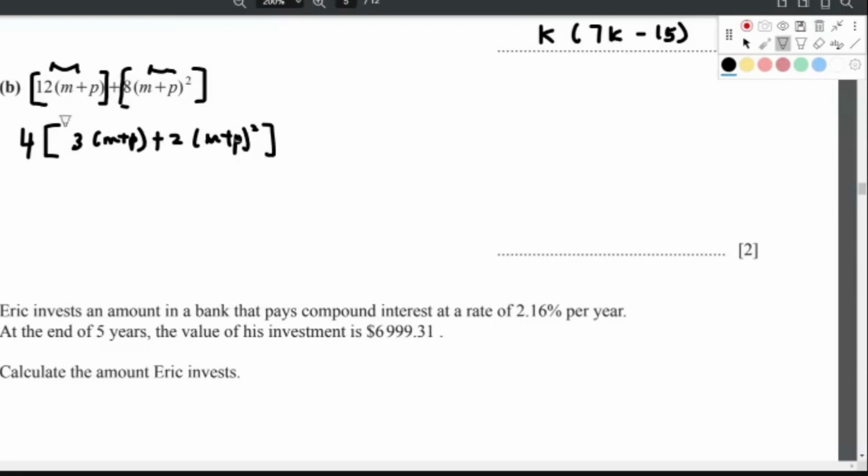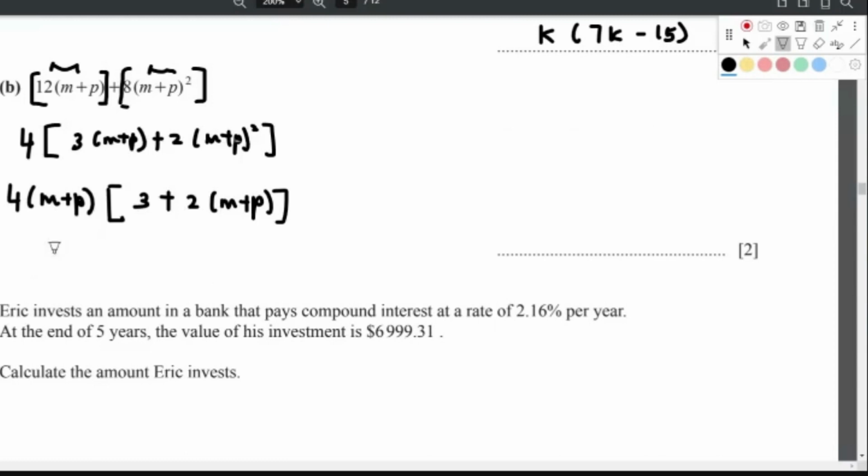Right, now, what else can I take out? The same similar factor here is m plus p. So 4(m plus p), if I take this out, what I'm left with here is 3 plus 2(m plus p). Got it?